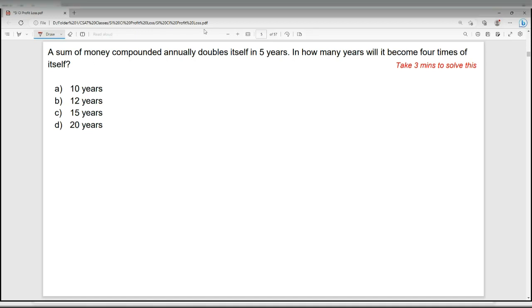A sum of money compounded annually doubles itself in 5 years. In how many years will it become 4 times itself? So they're saying that the money P has become 2P in 5 years. Let's take the normal variables.